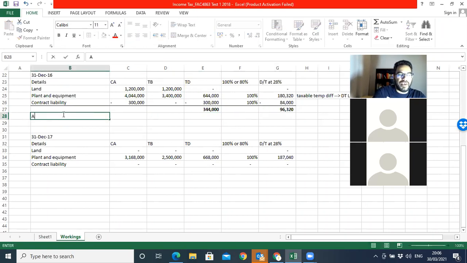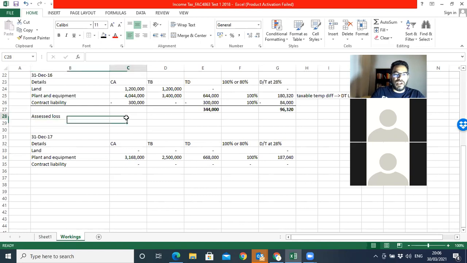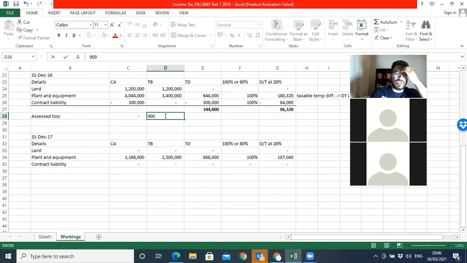So last year we had an assessed loss of 900,000 Rand. Okay, so from an accounting perspective, there's no carrying amount for an assessed loss. But from a SARS perspective, there is an assessed loss of 900,000.